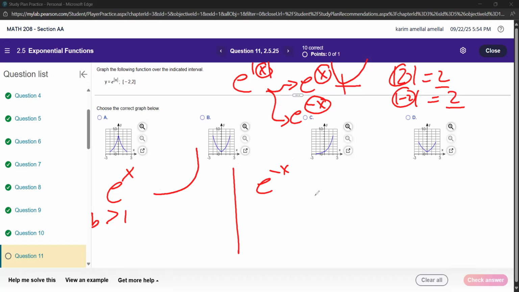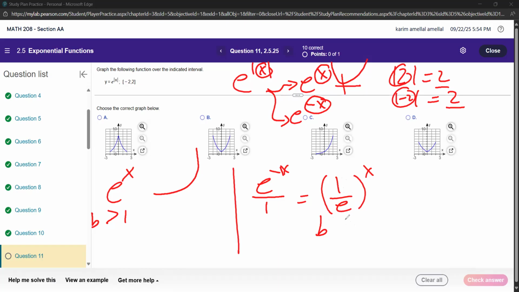It must be written as a base to the power x. How can we do it? E power negative 1 seems like e over 1, so we will write it as 1 over e. We flip the fraction to change the sign of the power. So 1 over e power x. Here e is 2 point, some digits, so it seems like 1 divided by 2, so it will be 0.5.